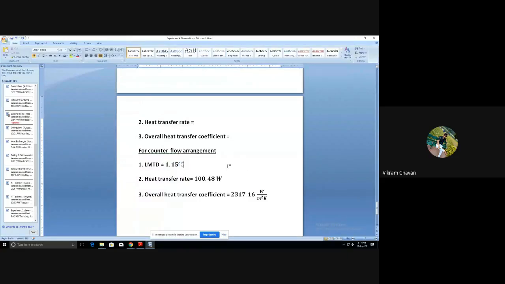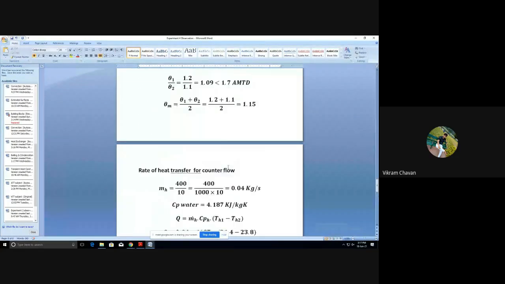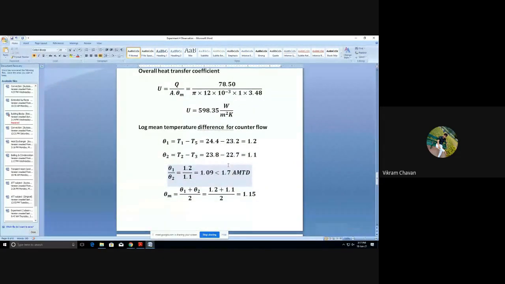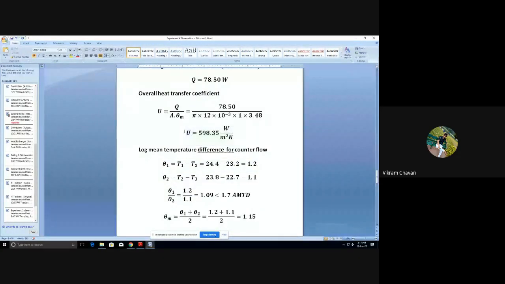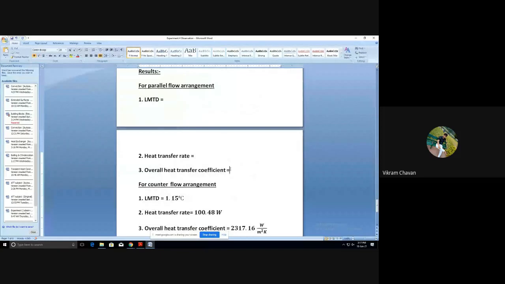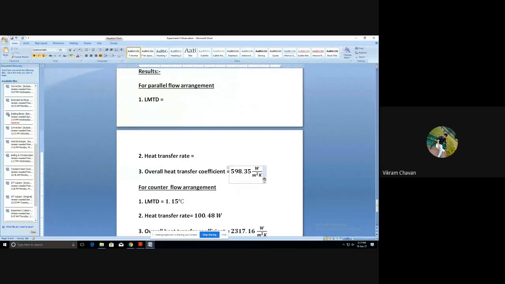Then similarly, U for counter flow is 598.35.